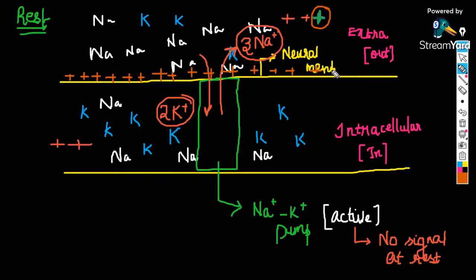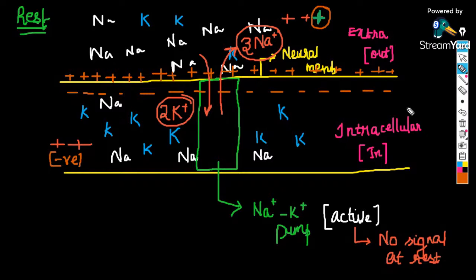What is the condition inside? Only 2 positive charges come in, and there is a deficit of positive charge. A deficit of positive charge, you can call it negative, right? So the inner side of the neural membrane will develop a negative charge.